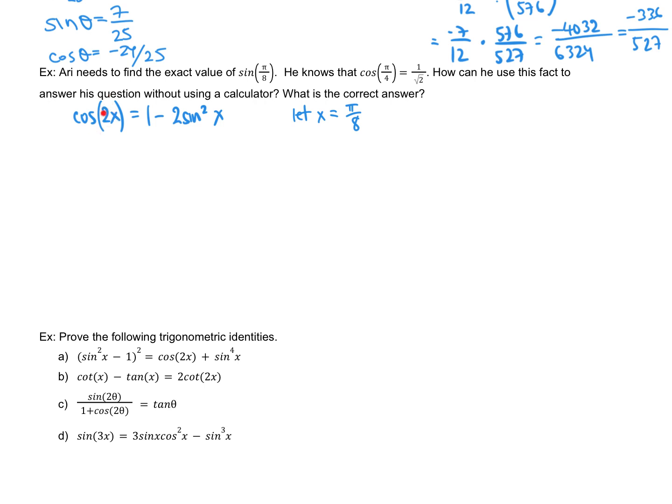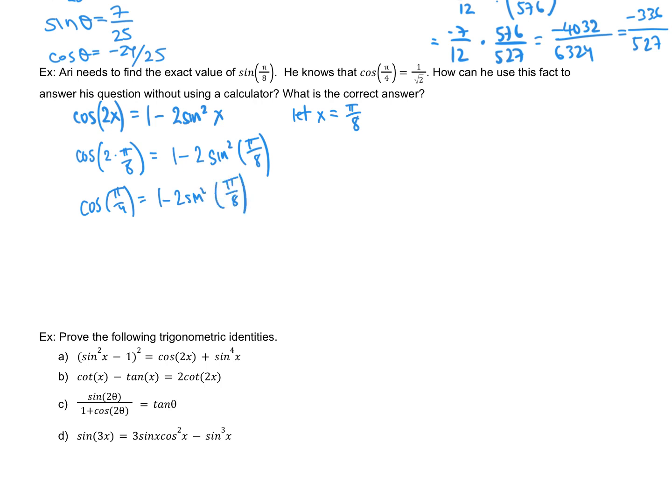And then when I do 2 times pi over 8, I'll get the pi over 4 from the exact ratio that was given to us. So cos of 2 times pi over 8 equals 1 minus 2 sine squared of pi over 8. Clean this up. So that's cos of pi over 4 equals 1 minus 2 sine squared of pi over 8.